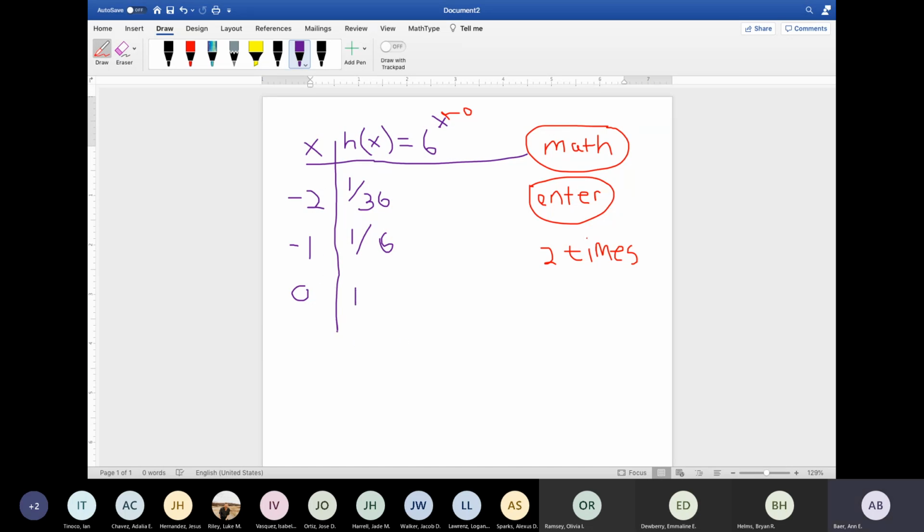If I were asked a problem on one of these topics we're talking about now with graphing, this is the kind of written work I would want to see on an exam. So for 0, we're going to put down 1. Now we're going to put 1 in for x. So we get 6 to the first, which is just 6.